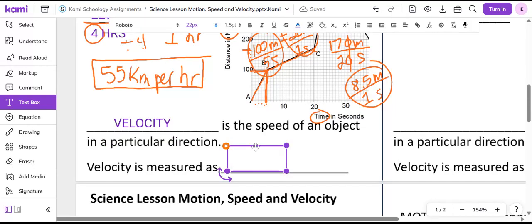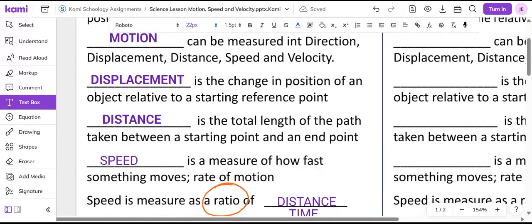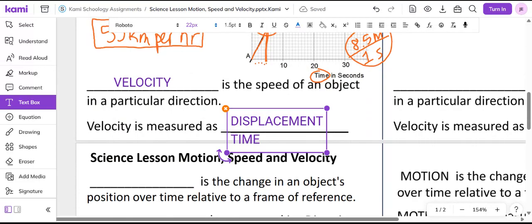Now, velocity, we are not going to measure as distance over time. This other thing called displacement is the change in position relative to the starting point. So for velocity, after we're moving all over the place, we can measure the starting point and the ending point, and that's going to be displacement over time.